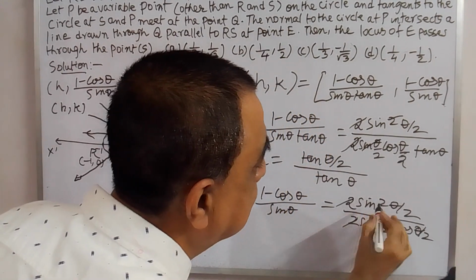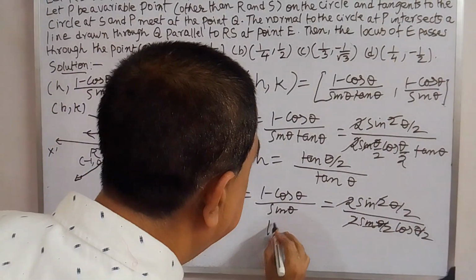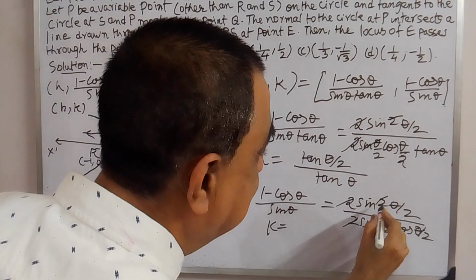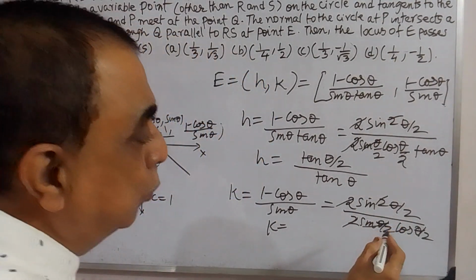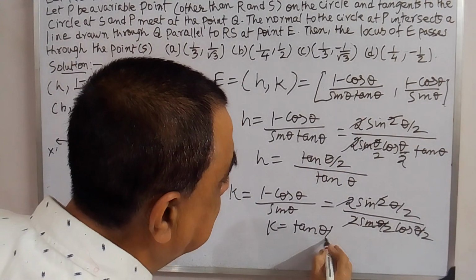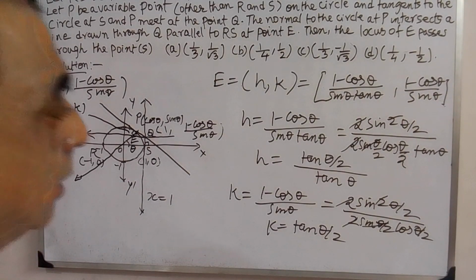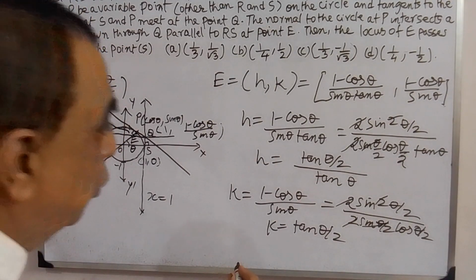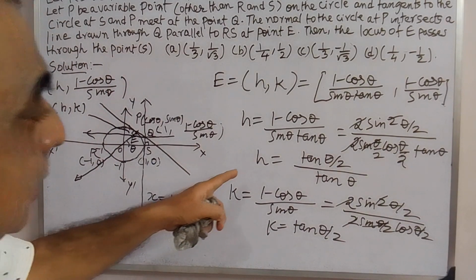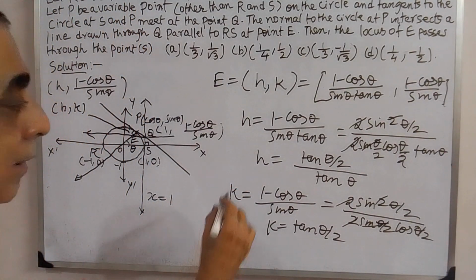The 2 and 2 cancel out, and sin theta by 2 cancels in numerator and denominator. So the k value is sin theta by 2 divided by cos theta by 2, which equals tan theta by 2.